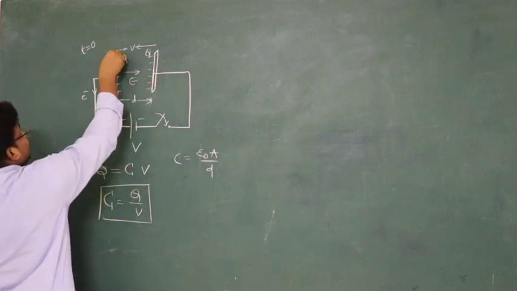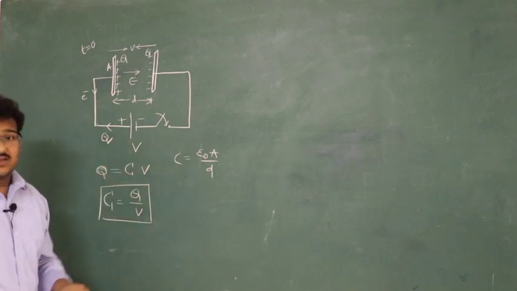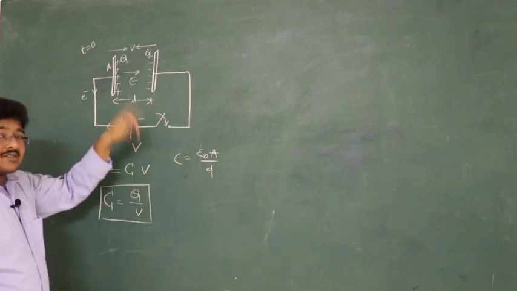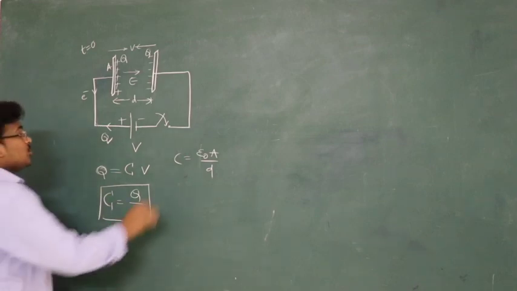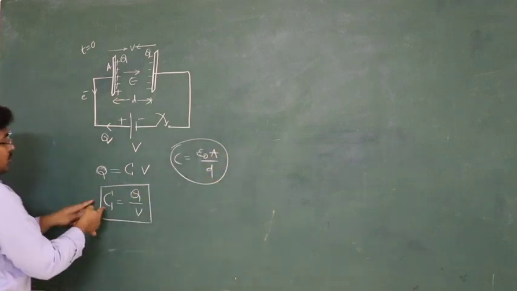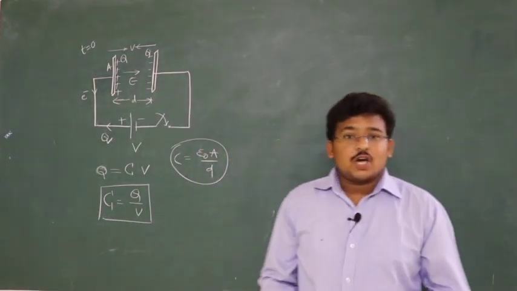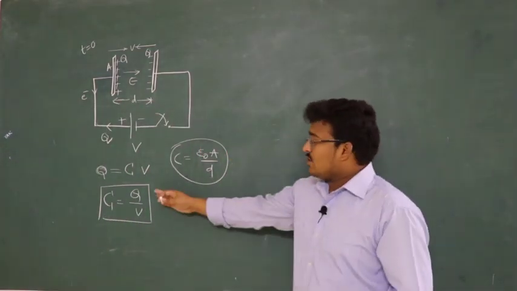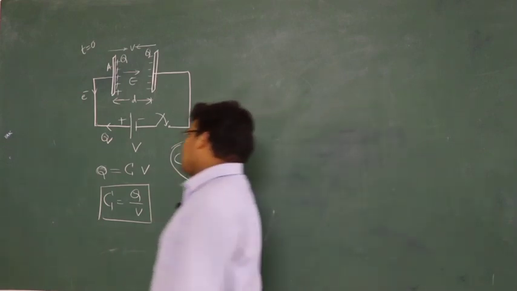These are the conducting plates I told you already. For ease I am just drawing straight lines. Okay, so you know the C value, and if you want the charge accumulated on the capacitor, you can find Q is equal to CV. Okay, now we will discuss one problem.